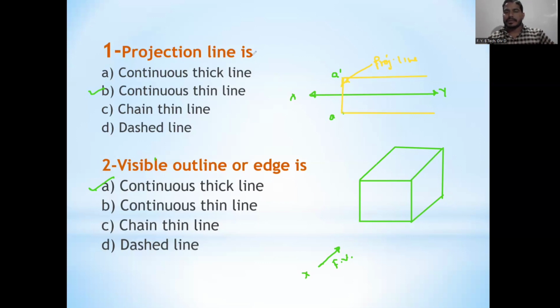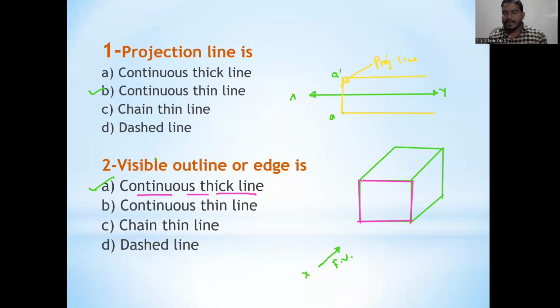I will be able to see this edge, then this edge will be visible, then this edge, and this also is visible. Whatever these visible edges are, we show them by the continuous thick line. Sometimes we also call them dark lines while drawing the views.